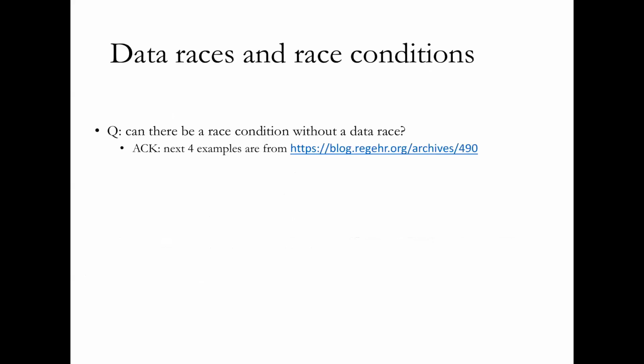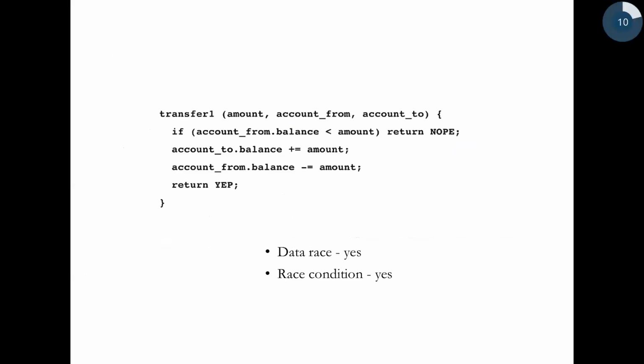Let's look at one example with four different cases. Let's say we want to transfer some amount, maybe $20, from one bank account to another bank account. You check the account-from balance and make sure it's at least the amount you want to transfer, because otherwise you want to reject the transaction right away.